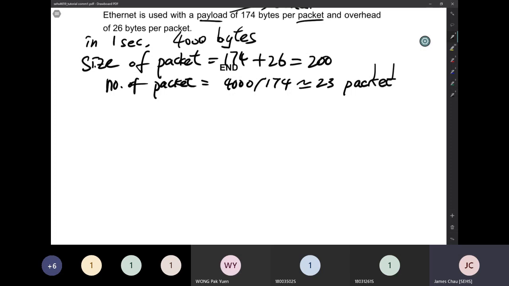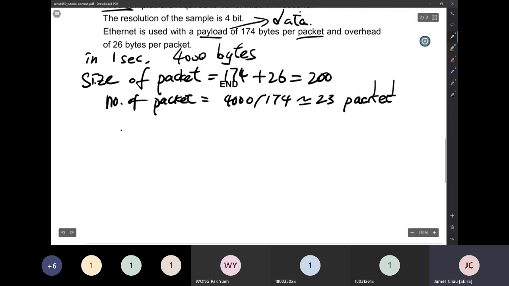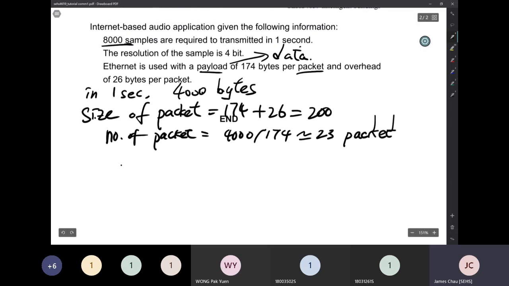And now the number of bits required, or the bit rate, should be equal to 23 packets times 200 times 8.